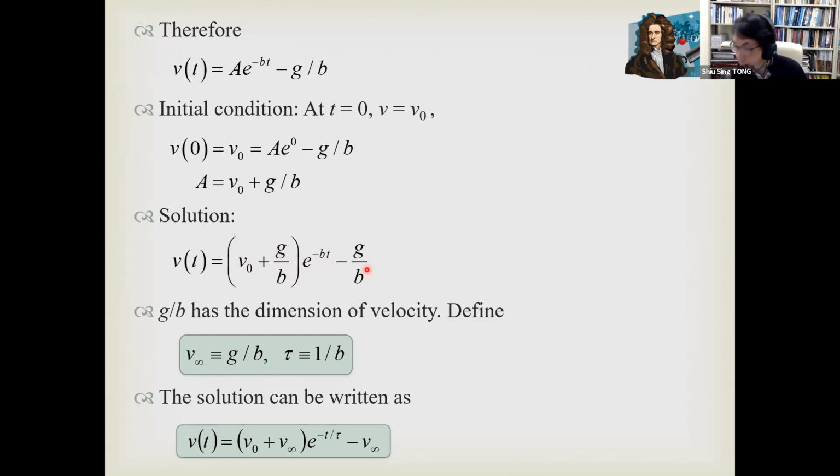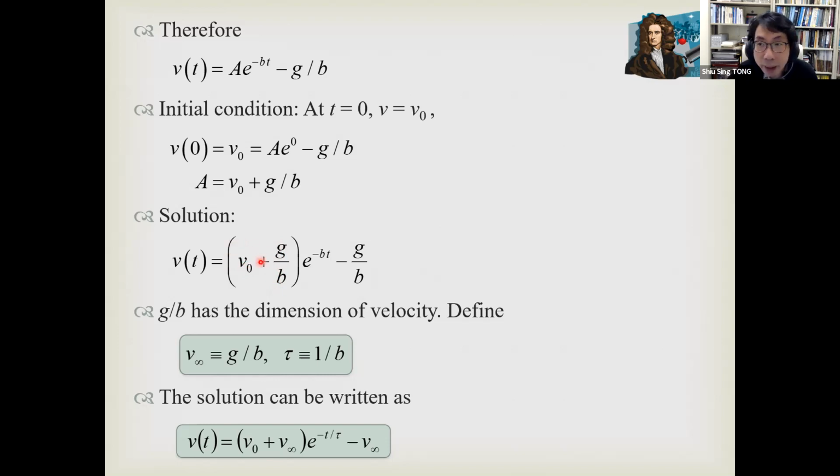Now, apparently, we can see from this equation that the term g over b must have the same dimension as the velocity, because the initial velocity is added to g over b. So g over b must carry the dimension of velocity. Is that right?